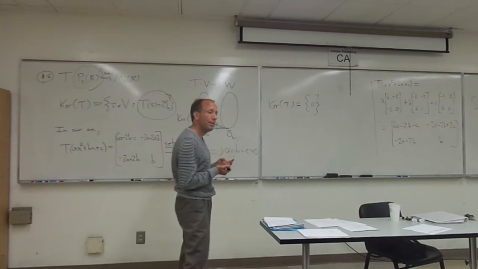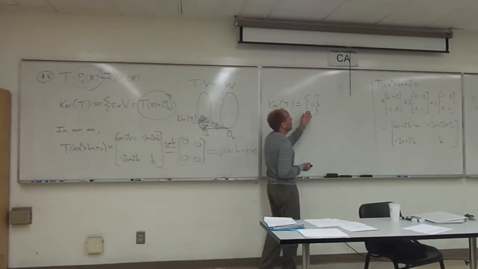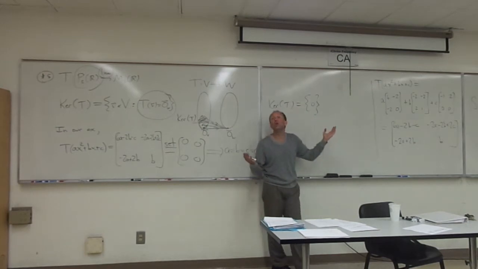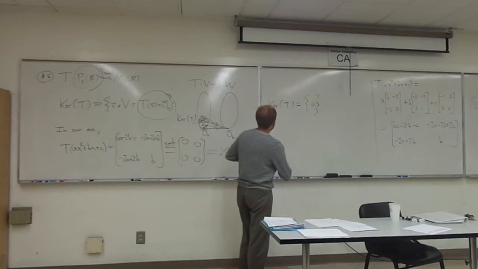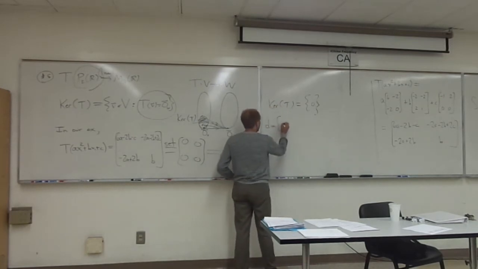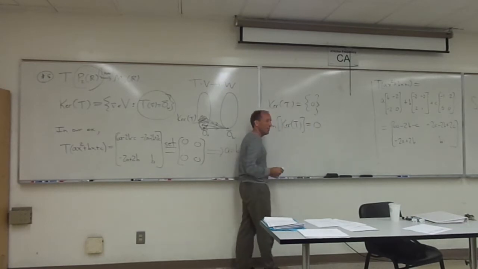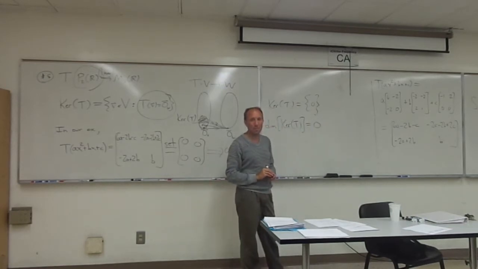But if this is the only thing in the kernel, then there's nothing to find a basis for, really. Actually, it's 0-dimensional. So if I ask you for the dimension of the kernel, it's 0. The dimension of that kernel is 0. For this example, on this problem, certainly it is not always true.